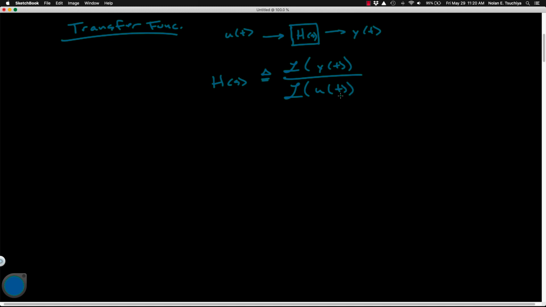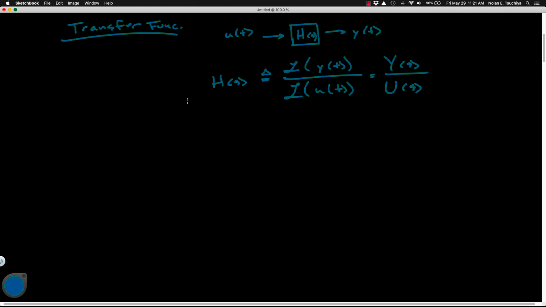Adopting this notation, the Laplace transform of a time function is the capital letter of that same signal. So big Y of s represents the Laplace transform of little y of t. That's the notation that we're going to use. And so with that definition, the denominator here is just capital U of s.